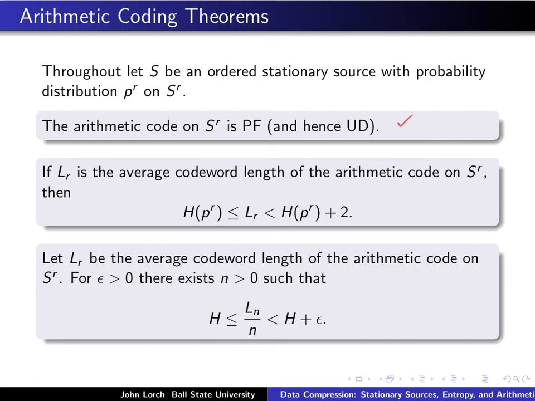Now, you might recall how that compares to Shannon, Fano, and Huffman, right? For those codes, average code word length is between the entropy and the entropy plus 1. So here, the result about average code word length for arithmetic codes is not as good as for Shannon, Fano, and Huffman.